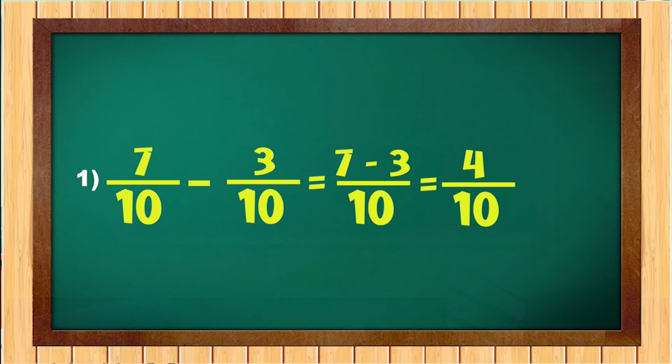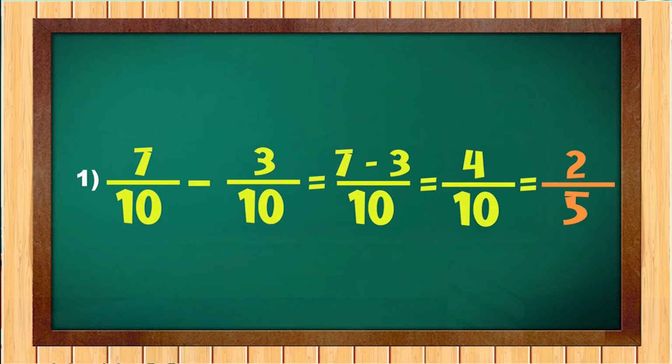What number can we use to reduce 4/10 to lowest terms? 2. Because when 4 is divided by 2, you will get 2 with no remainder. And when 10 is divided by 2, you will get 5 with no remainder.